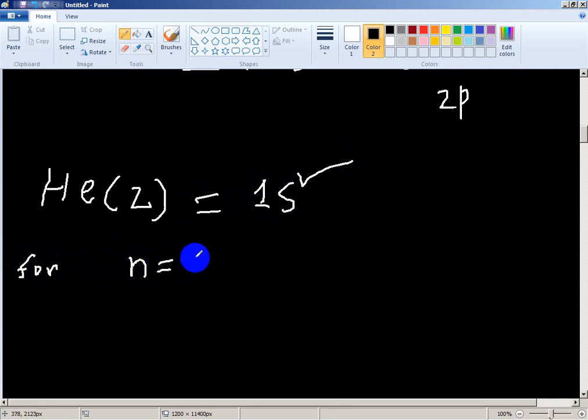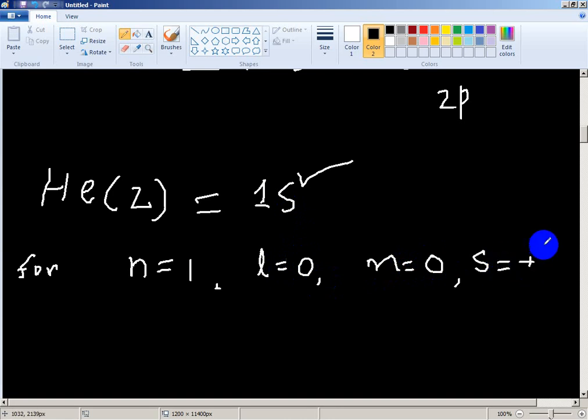What is n equal to here? n equals 1, l equals 0 for s orbital, so m equals 0, and s equals plus half. That is for the first electron.